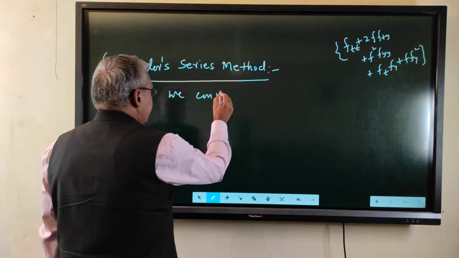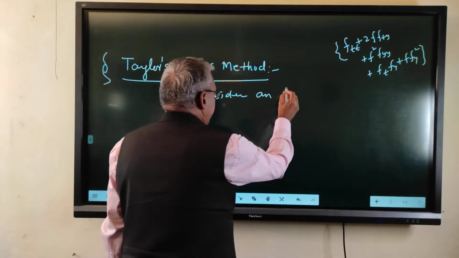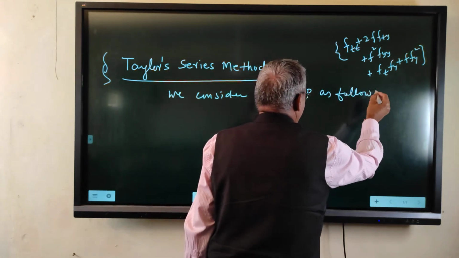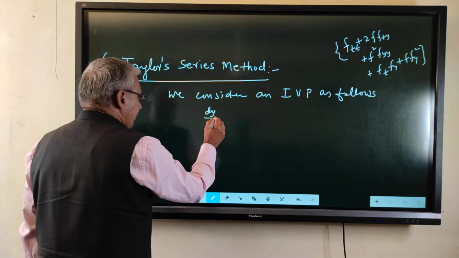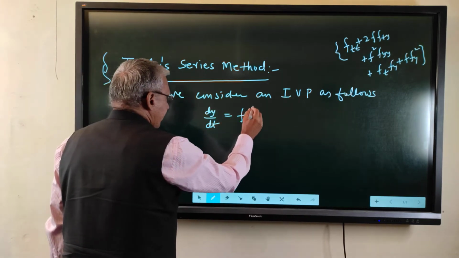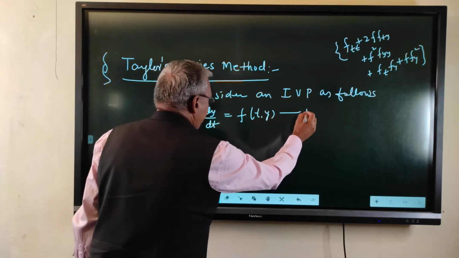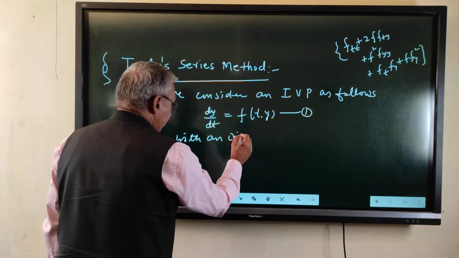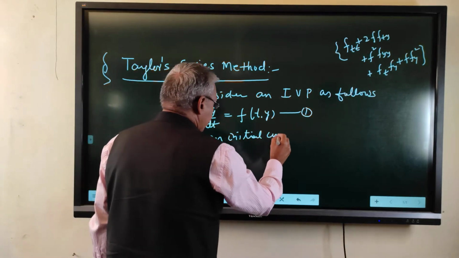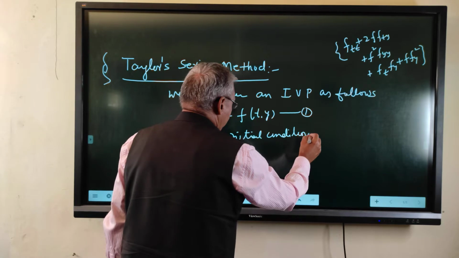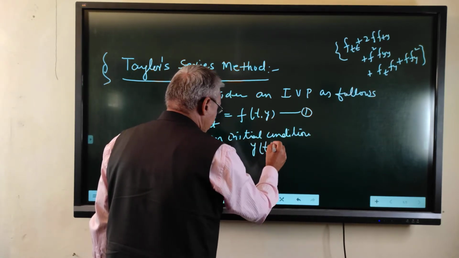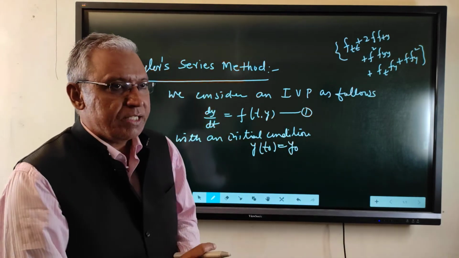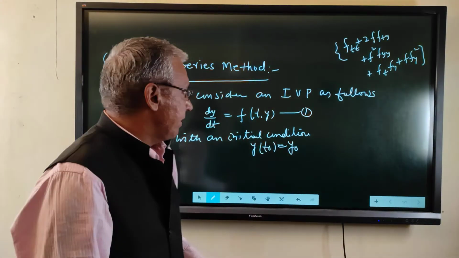The initial value problem is given by dy/dt = f(t, y) with an initial condition: when t = t0, then y = y0. Here y is the dependent variable and t is the independent variable.